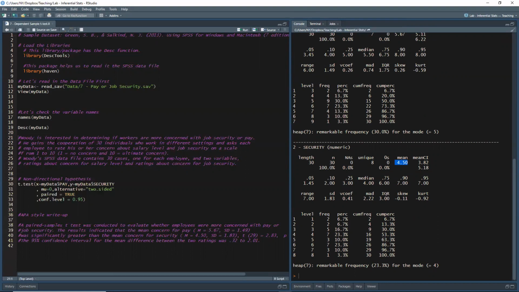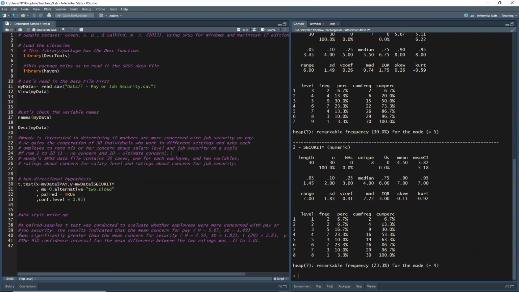Okay. In lines 21 to 26, I'm basically providing some background information. For example, Woody collected this data to see if workers are more concerned with job security or pay. 30 individuals who work in different settings were asked to rate their concern about salary level.